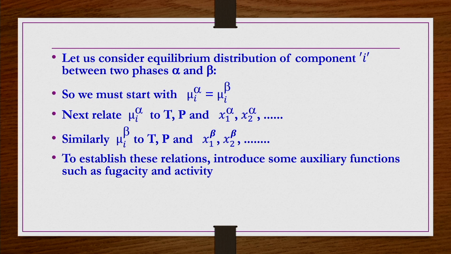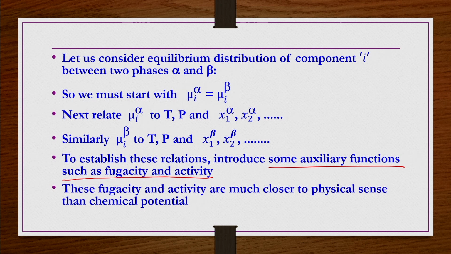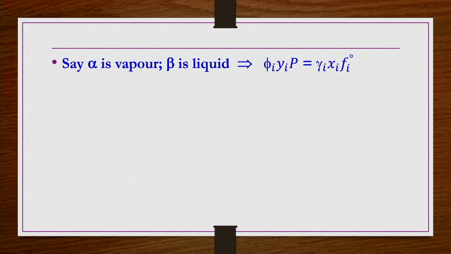Now, to establish these relations, what we do is introduce some auxiliary functions such as fugacity and activity, right. These fugacity and activity are much closer to physical sense than chemical potential. So, let us say we take a vapor-liquid equilibrium with n number of components.